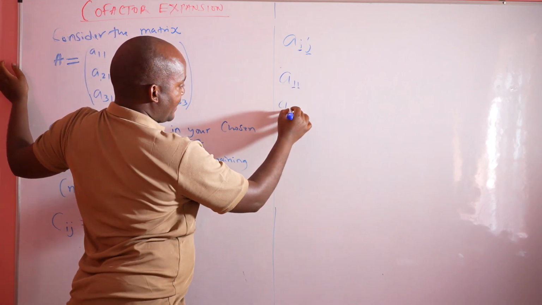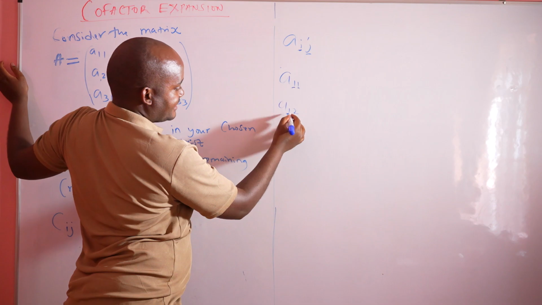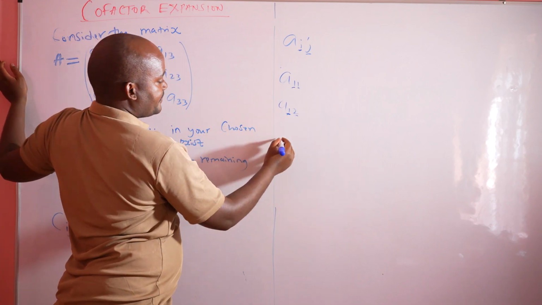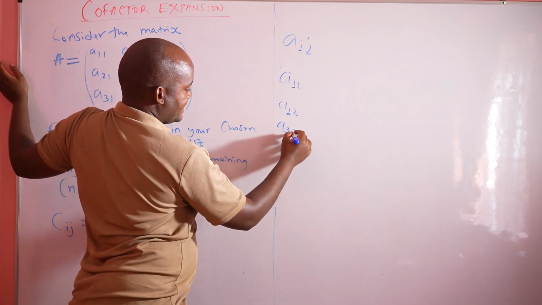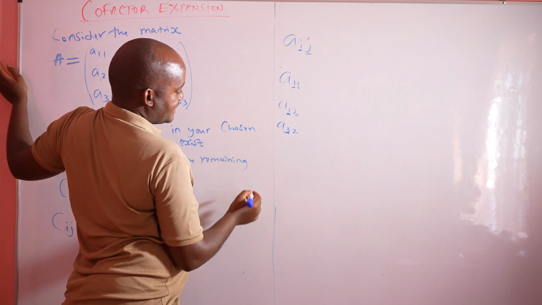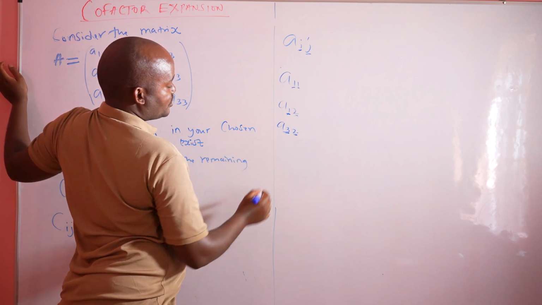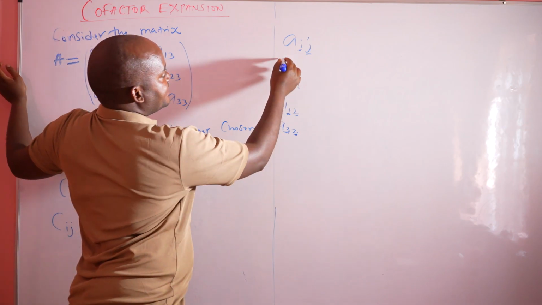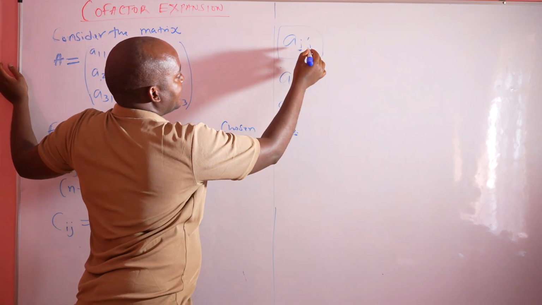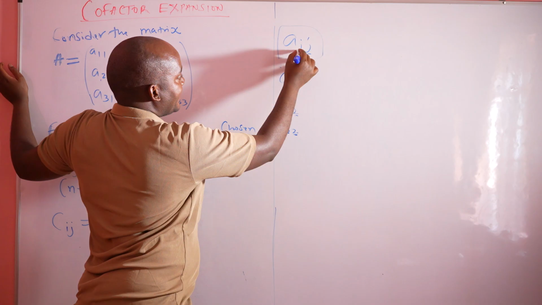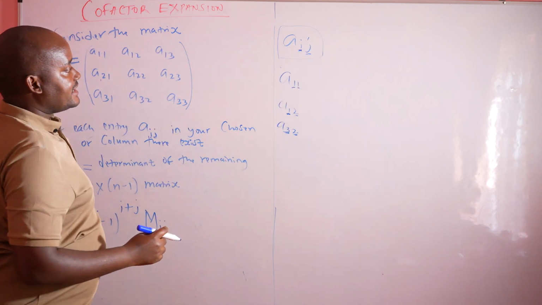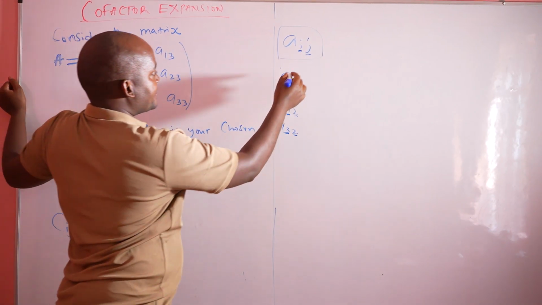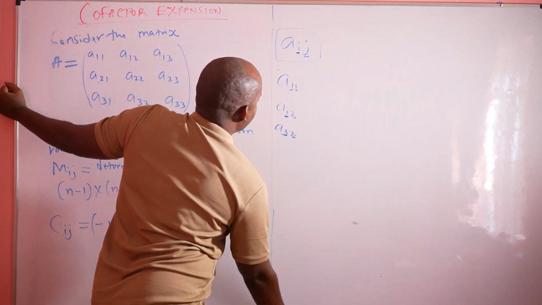When we talk of A12, it is an entry that is in row 1, column 2. When we talk of A32, it is an entry that is in row 3, but column 2. So in general, Aij, where i is the position of that entry row wise, and j is the position of that entry column wise.